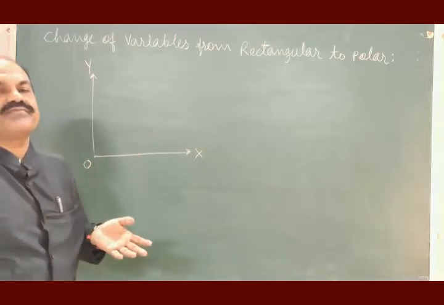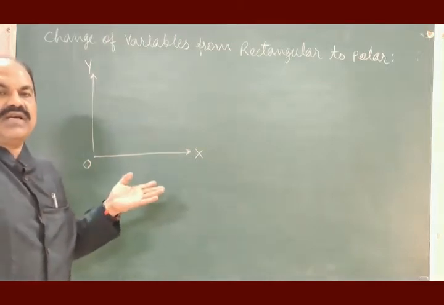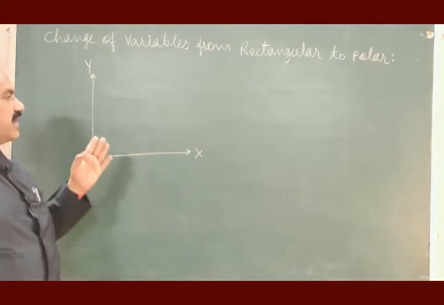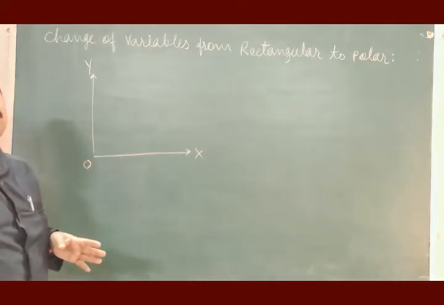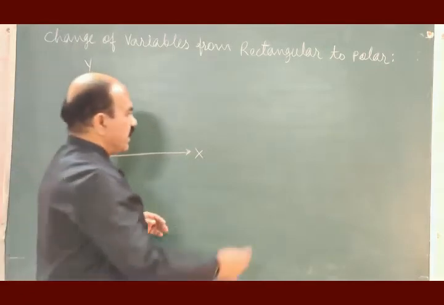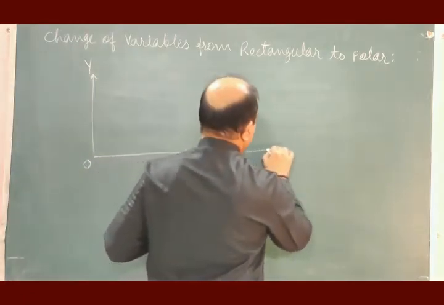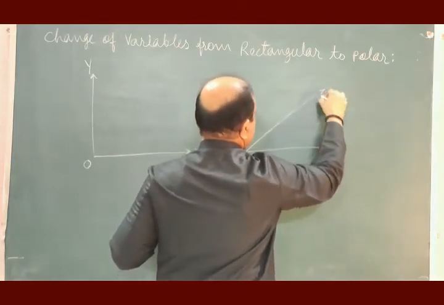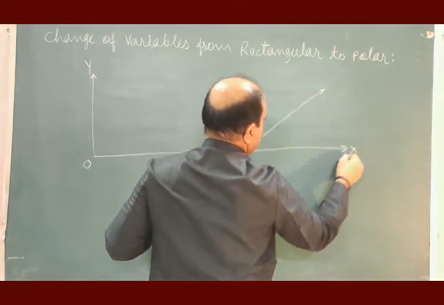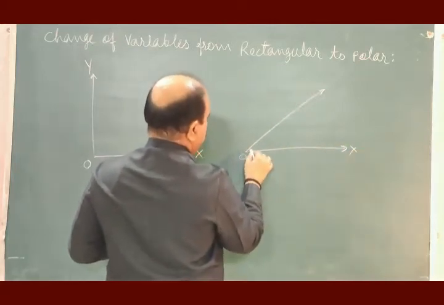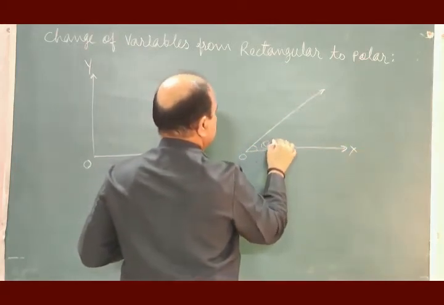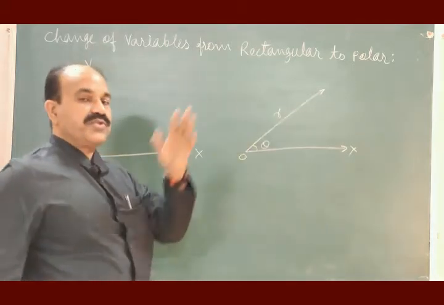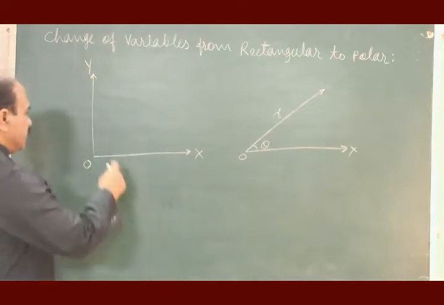This is rectangular coordinate system in two dimensions or Cartesian coordinate system in two dimensions. This is polar coordinate system.